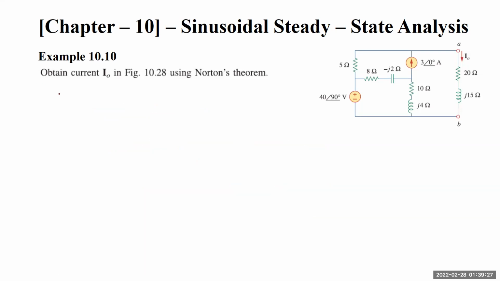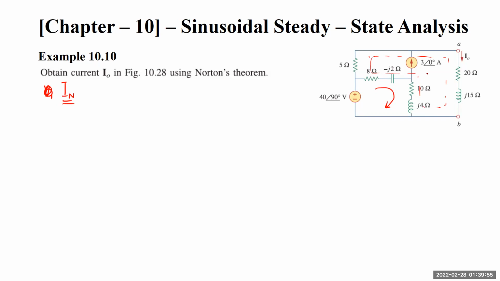Now let's find I Norton. I Norton can be found using multiple techniques. We have these two circuits. When we have a current source in between two meshes, it can be treated as a super mesh.